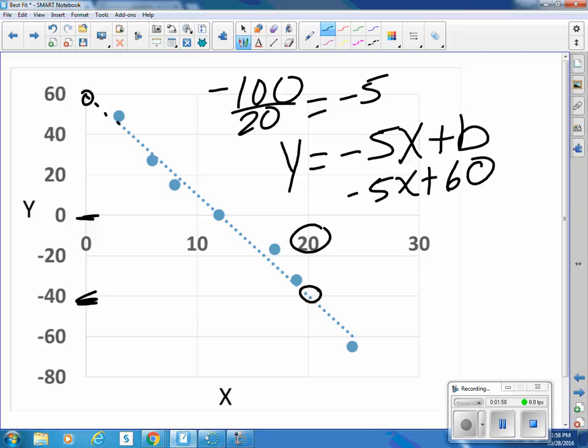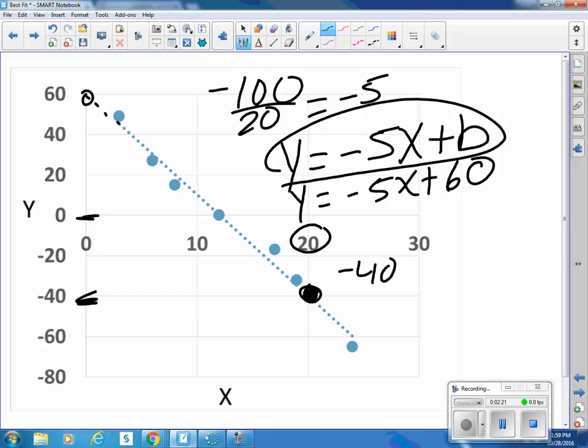But I want to show you another way how to get that if it isn't easy to read off of the graph. We could plug in a point that we're pretty confident about, and that would be this one right here where we say it's about x is 20 and y is negative 40. So into this equation here, we could replace y with negative 40 and x with 20.